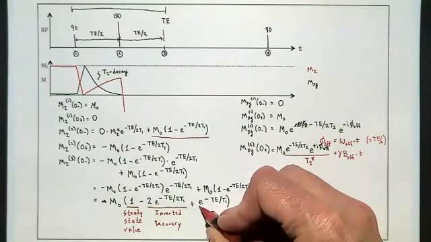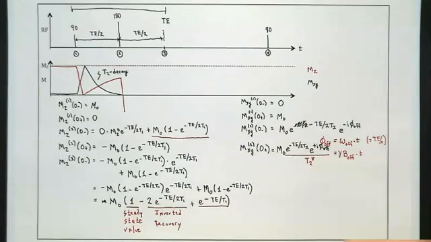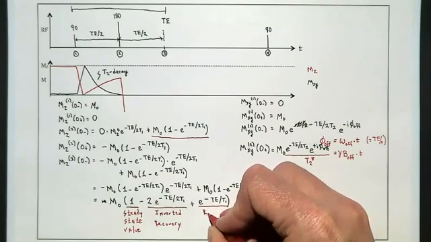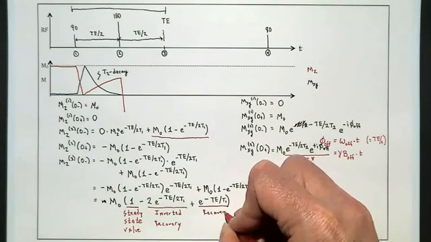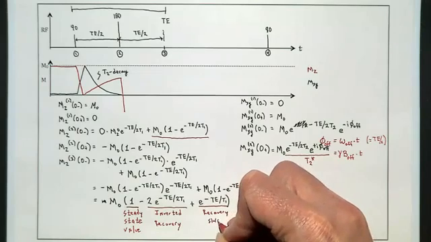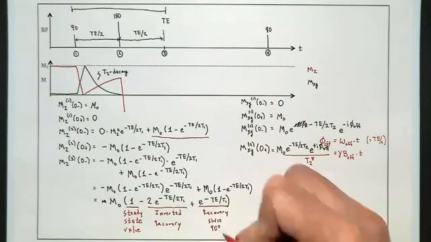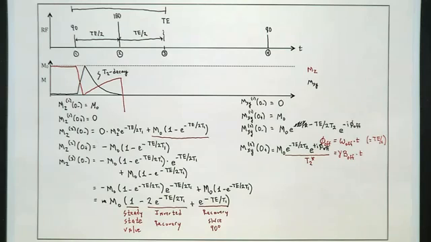And this last term here is really the recovery since the 90. All of this collectively governs the return to thermal equilibrium. There's just different terms that are kind of adding in here.